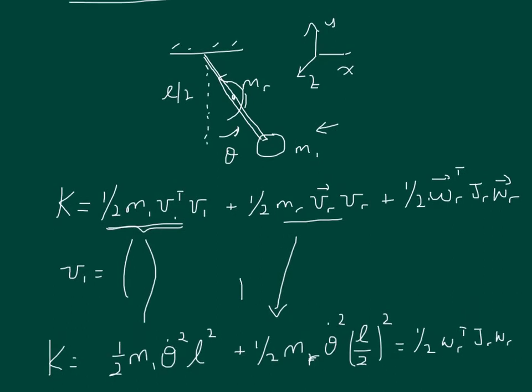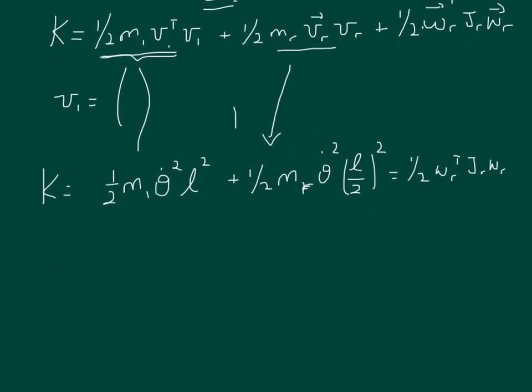The rotation about the center of mass is just the derivative of the angle, theta dot. So omega r as a vector, there's not going to be any rotational component in the x or y direction. It'll all be in the z direction, and it's theta dot.